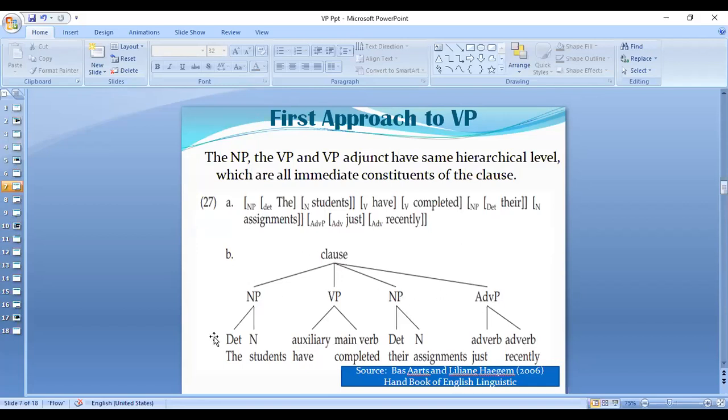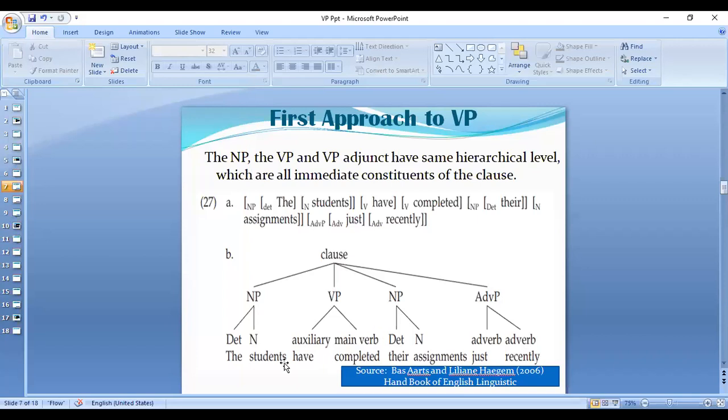This diagram clearly shows that verb phrase is an essential component of a sentence, equivalent to noun phrase, adjective phrase and adverb phrase.